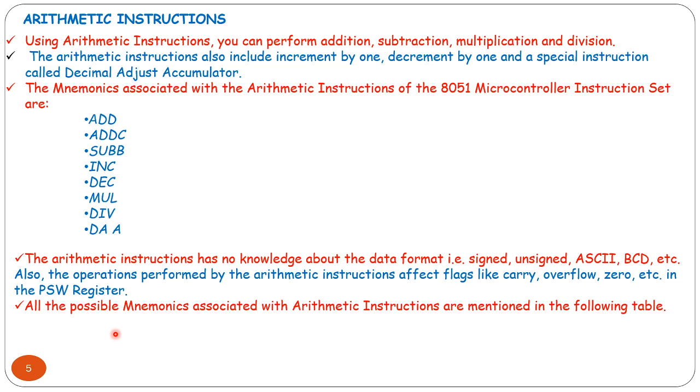All the possible mnemonics associated with arithmetic instructions are mentioned in the next slide as a table. We are going to discuss the mnemonics and arithmetic instruction set in the next slide.